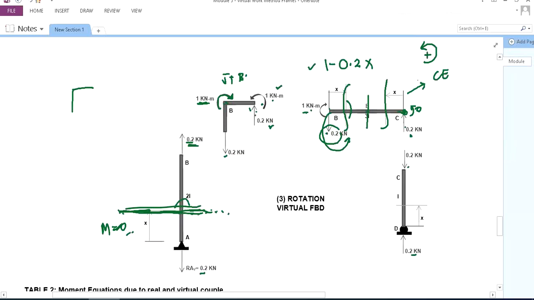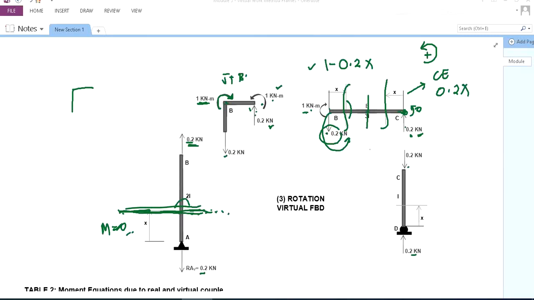So what will be our moment for CE? 0.2x, since it is a reaction. What will be our moment equation in CD, in our virtual rotation? 0, ma'am.